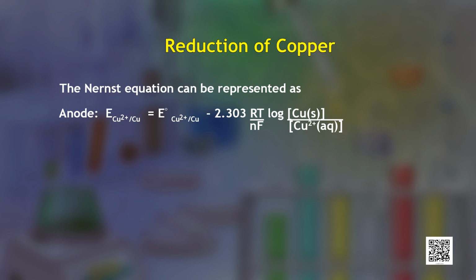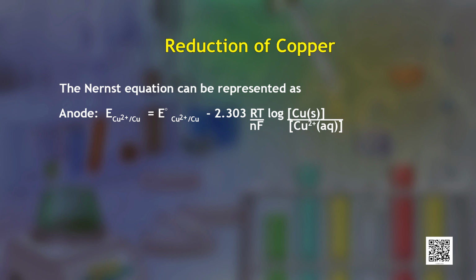We can substitute natural log with the log to base 10 term, and so we get the expression as cell potential for reduction of copper is equal to standard reduction potential for copper ions minus 2.303 RT upon NF log concentration of copper upon concentration of copper ions.